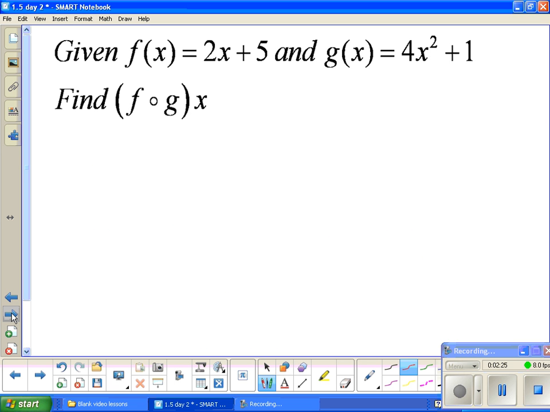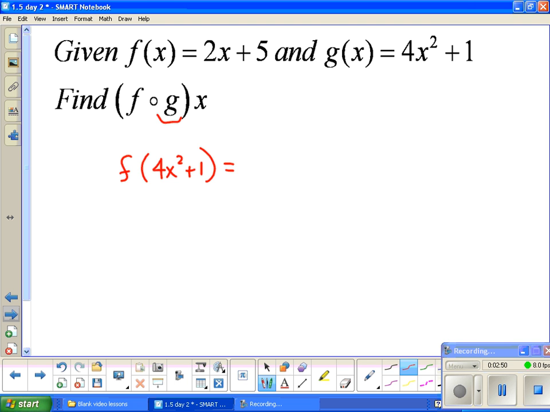Okay. The next slide, notice the input value. There is no value. There is no whole number. There's no value for x. So what it's saying is, let's take this function g and put it into the function of f. So the function of g is 4x squared plus 1. So I'm evaluating the function f at 4x squared plus 1.